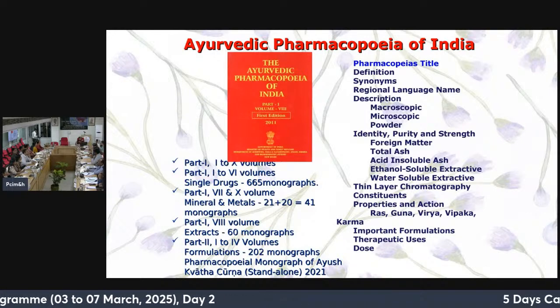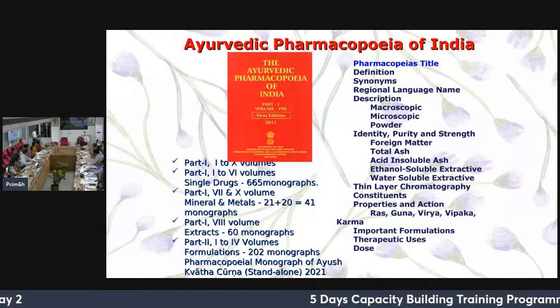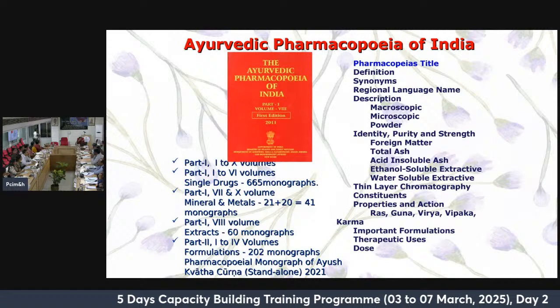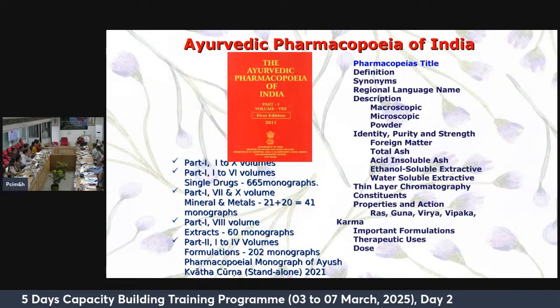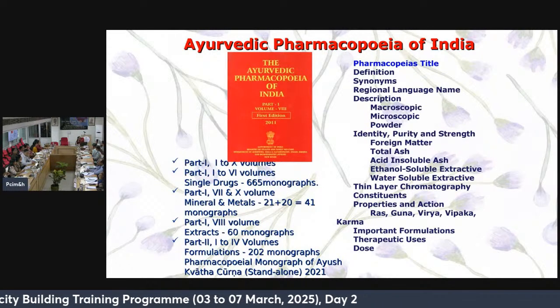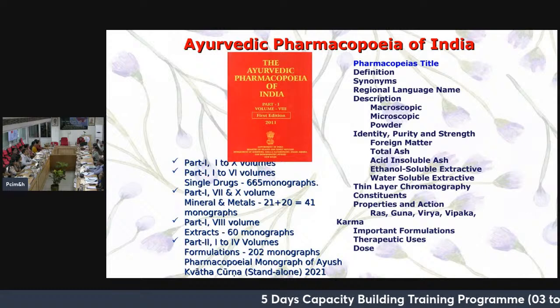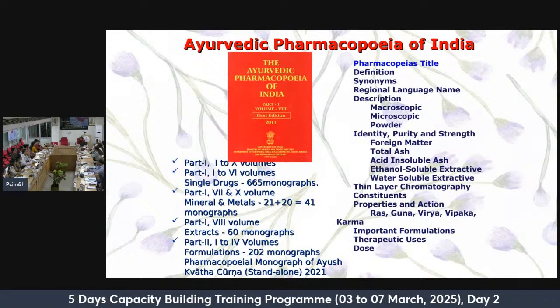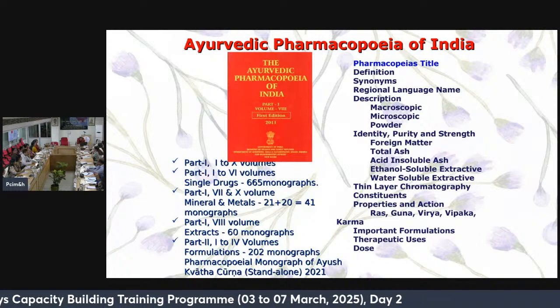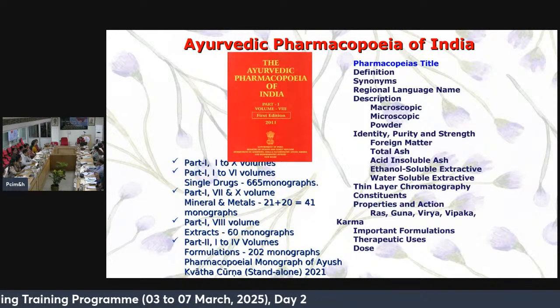Basically, the difference comes under the properties and the action, which are different for each system, and also their formulations, therapeutic uses and doses. So we can say that all the technical and laboratory parts are the same for all the pharmacopoeias, and the other parts differ as per their practice.